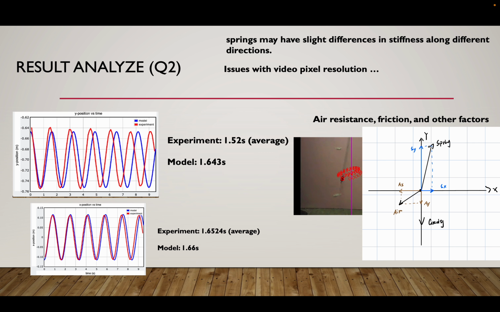So that's part of the reason why in the experiment it's oscillating faster. And also, the spring may have slight differences in stiffness along different directions, and there are issues with video pixel resolution, which is related to the Tracker software.